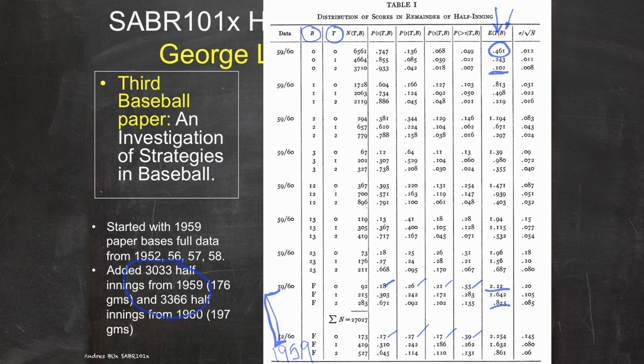So this is a very important table that Lindsay puts together, and what he's doing here is talking about the way to get value and also the way to analyze strategy in the game. The advisability of a baseball strategy can be judged by looking at the changing game state.